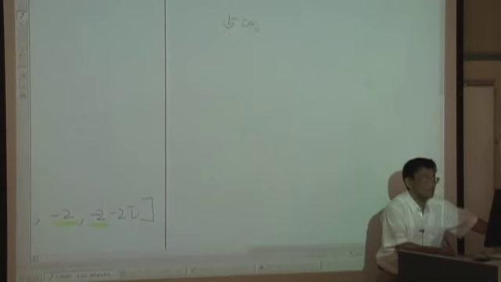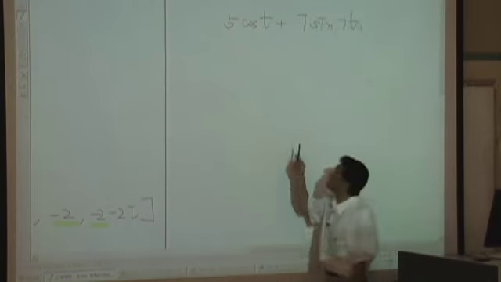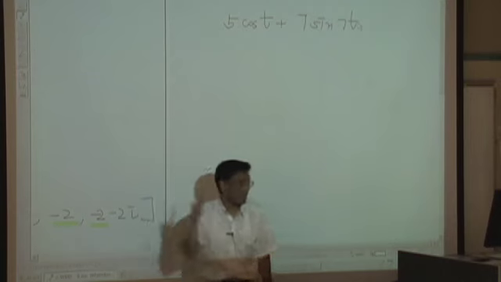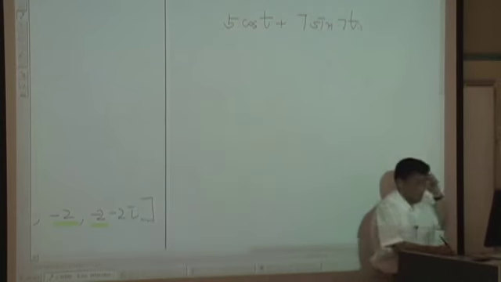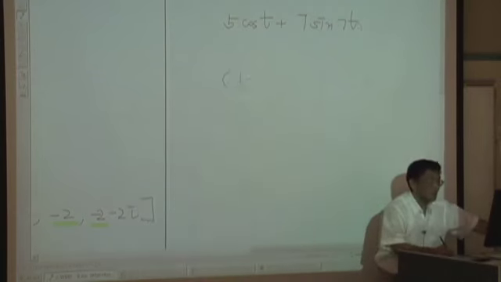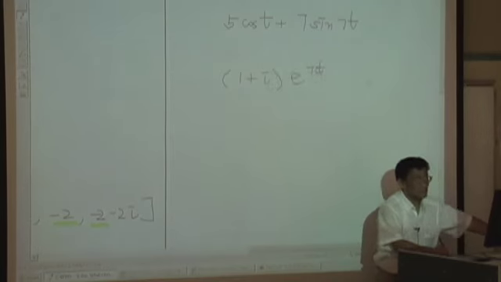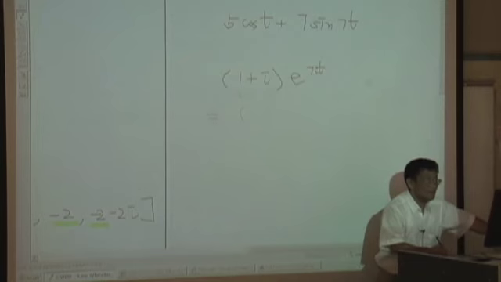Assume that you see 5 cosine t plus 7 sine 7t, then you clearly see the contribution, 5 and 7. But once you use complex numbers, it's different. For instance, (1 plus i) e to the power of 7it, right? Then this can be rewritten as (1 plus i)(cosine 7t plus i sine 7t).